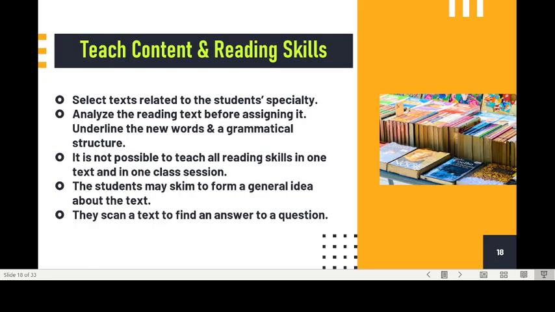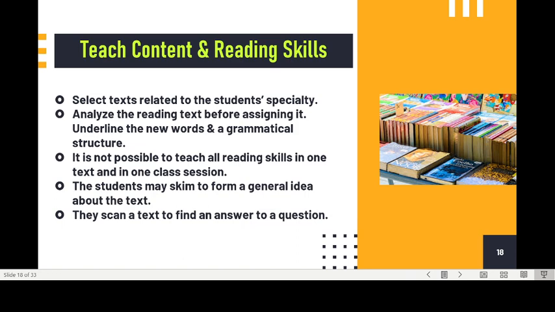Now reading. When we teach reading, we also teach the students to read and comprehend text in their major area of specialization: engineering text, chemistry text, textile industry text, economics text, technology text, geography text, biology text, medical text, and so on.